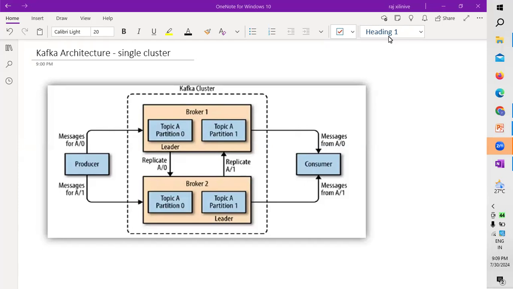Now, the producer component publishes messages to a topic. These messages are appended to one of the topics of the Kafka cluster, and it maintains ordering of the messages per partition, but not across the partitions.